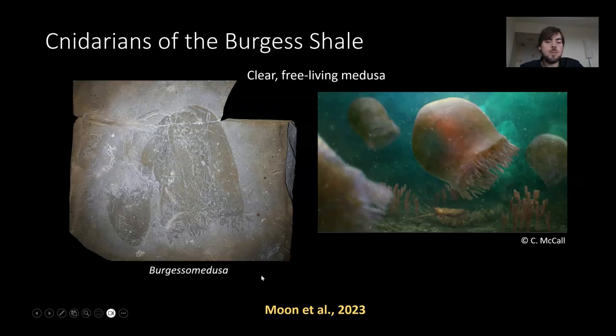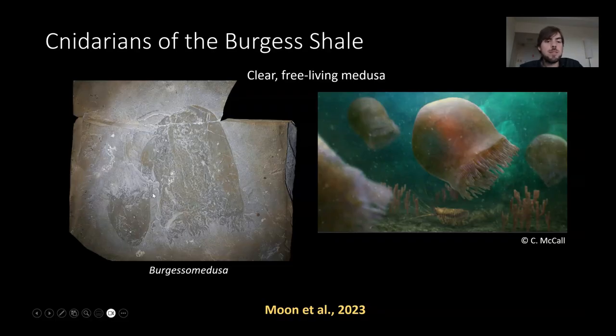Once both Jean Arcaron and Justin Moon looked at this jellyfish, they concluded that it was probably the most convincing jellyfish of the Cambrian period. It is clearly not an anemone, but a free-living medusa, a jellyfish that was moving and was very similar to what we find nowadays.